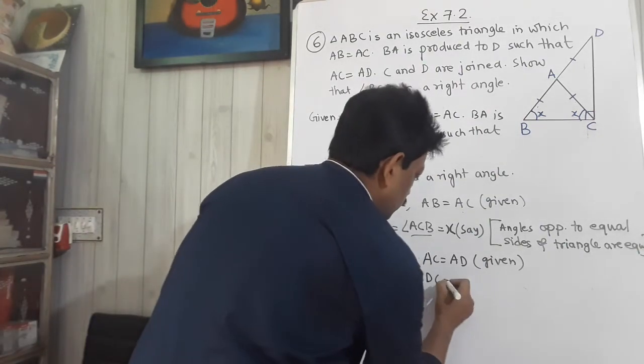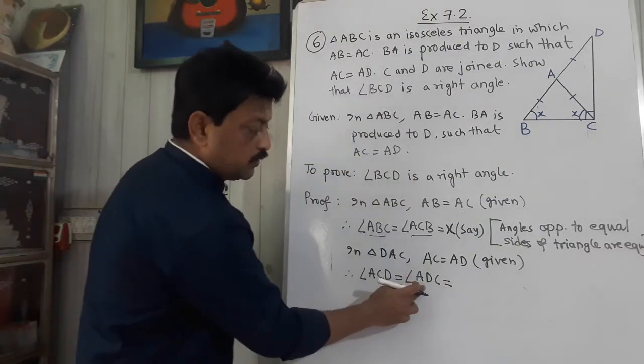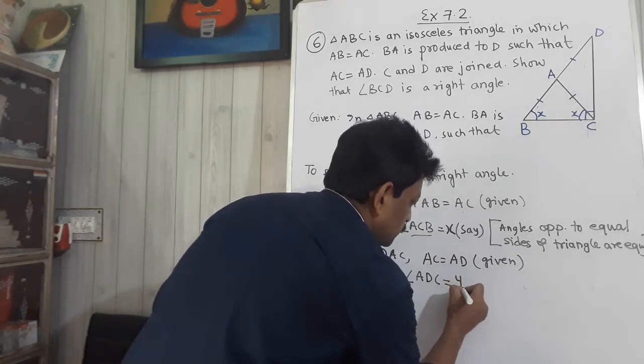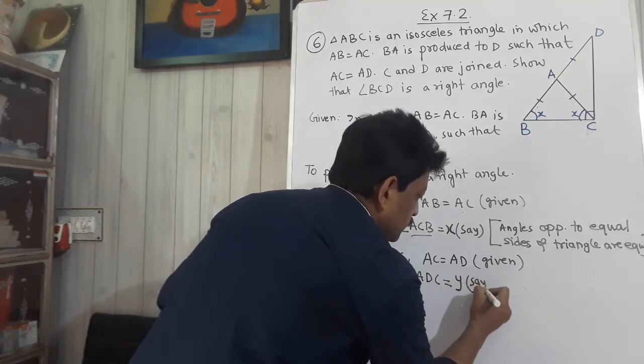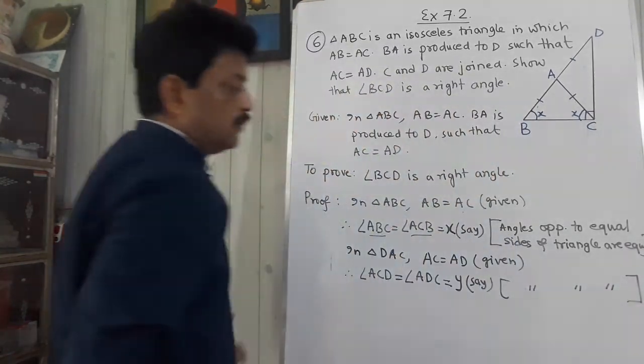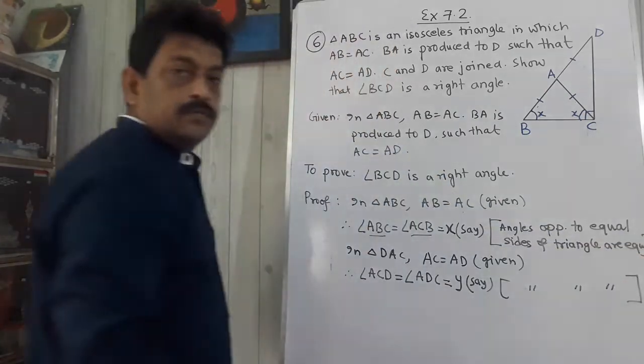And here also, since these two angles are equal, let us take these two angles as y each. See? And here also it will be the same reason. Write down the whole reason again. Okay?